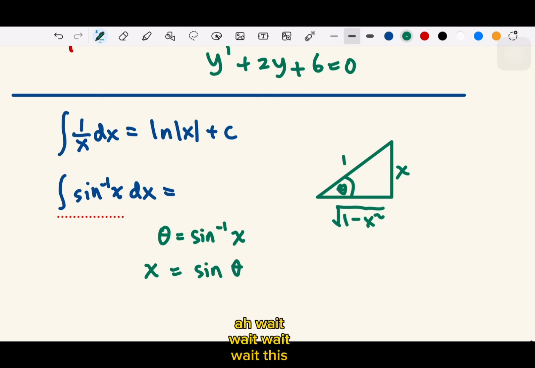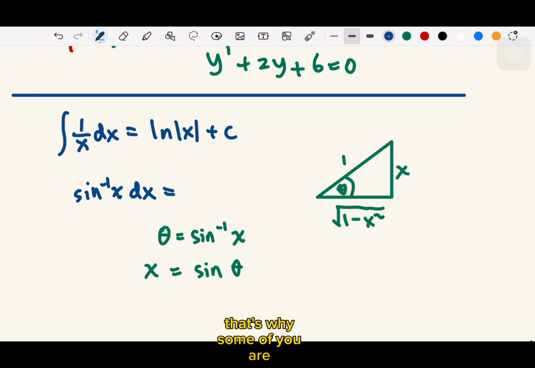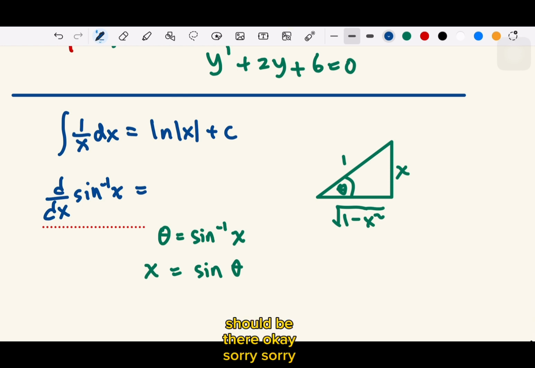Wait, this is supposed to be, sorry, not the integral. It's supposed to be the derivative. Sorry about that. That's why some of you are confused, right? Why am I writing integral? Sorry. It should be the derivative.